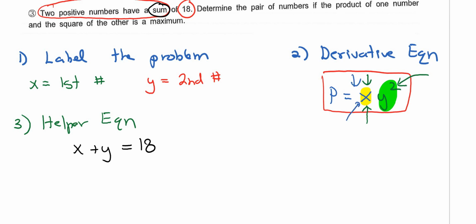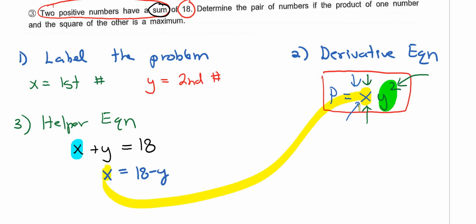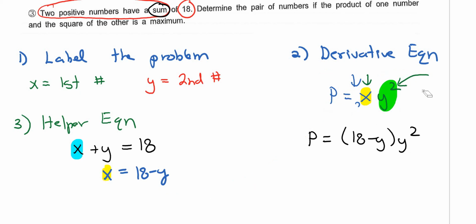So in your helper equation, let's look at the x here. How can I isolate for x? Well, x would equal 18 minus y. So this x and that x are the same thing now. So my new product equation will be product equals 18 minus y times y squared. And you'll notice that the next step is actually going to work out very nicely here. Let me just erase all that.